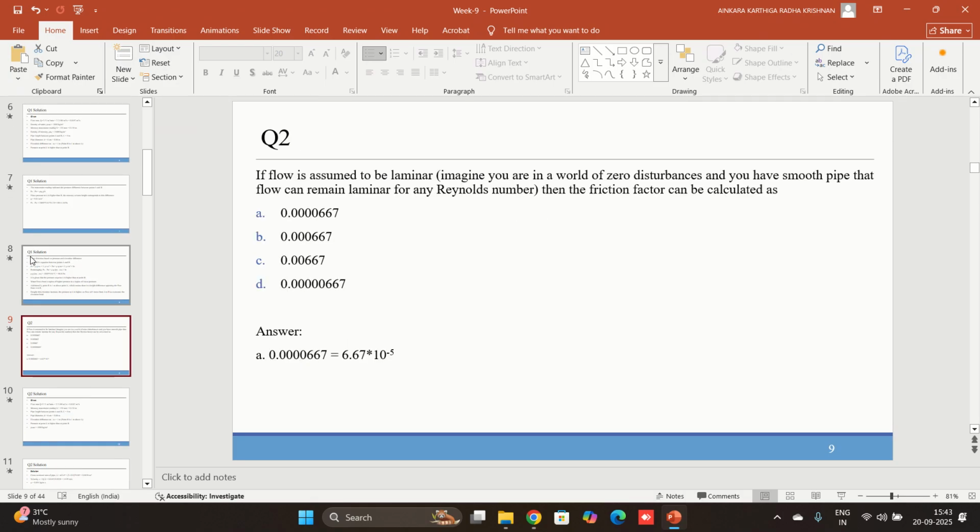Next question is, a flow is assumed to be laminar. If it is at higher Reynolds number, it ideally won't be a laminar flow, but here it is mentioned that it is assumed to be laminar. We are asked to find the friction factor. For laminar, friction factor is given by 64 by Re, so we can calculate Re and substitute in the formula directly.